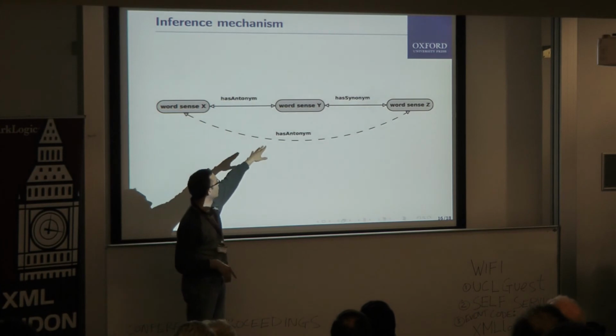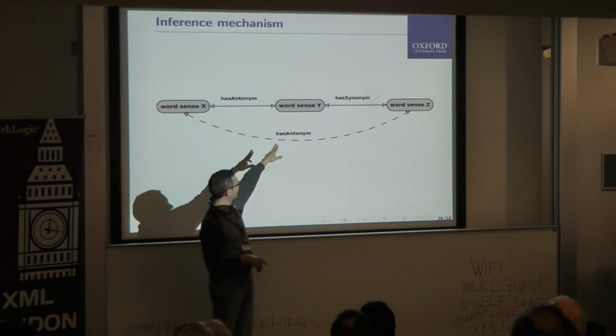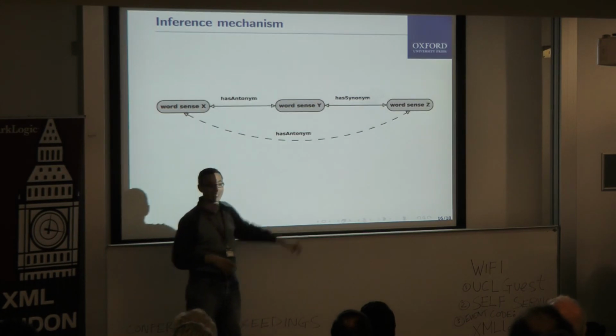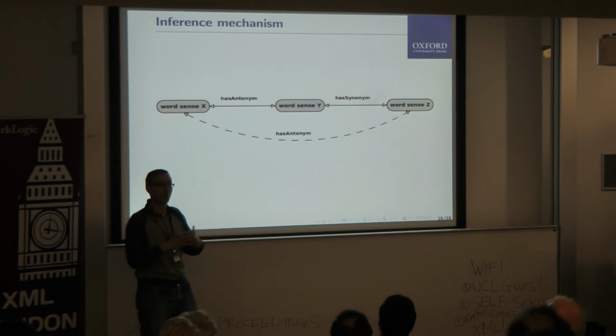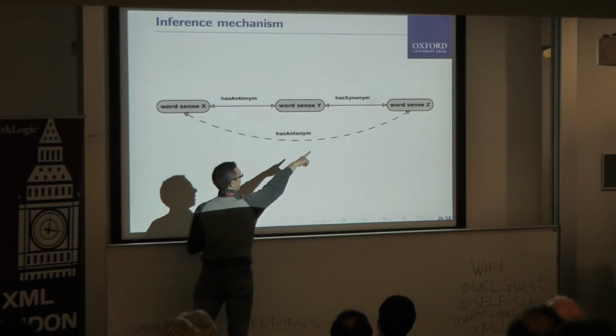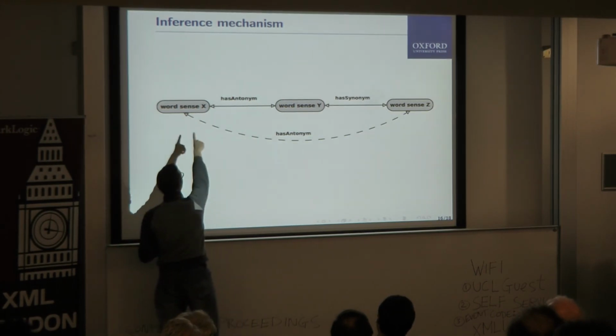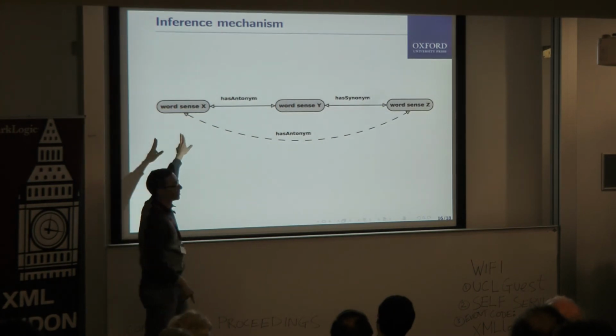This sense X has an antonym in another sense Y, and then this sense Y has a synonym in a sense Z. So all these three pieces of data are present in our XML. What is not present is that we can actually link that word sense Z with a property antonym into a word sense X.